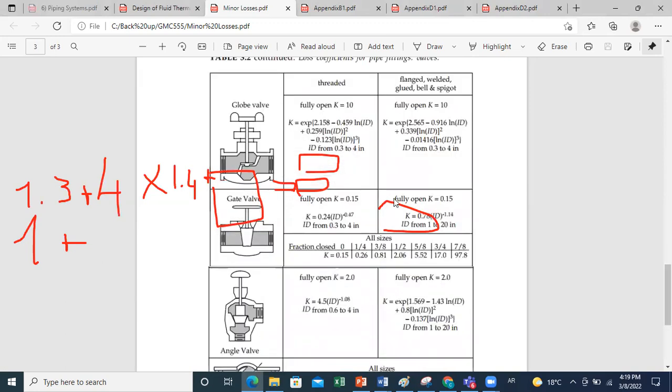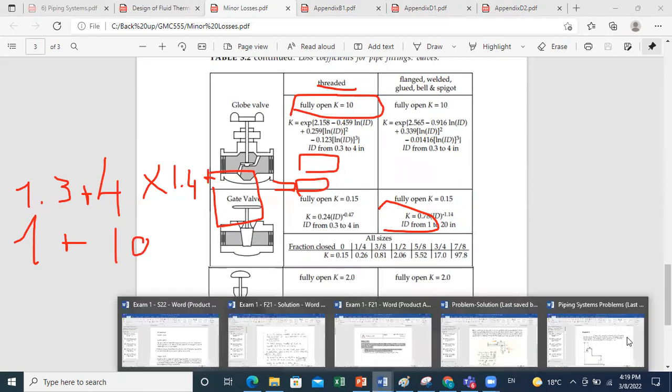So as I said, all are regular and threaded. So I select the globe valve, that is K equal to 10. Okay. So now I know all my minor loss coefficients. I sum them up and I find the total minor loss coefficient. Now I am ready to proceed.